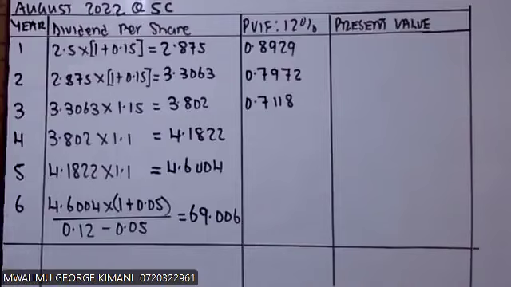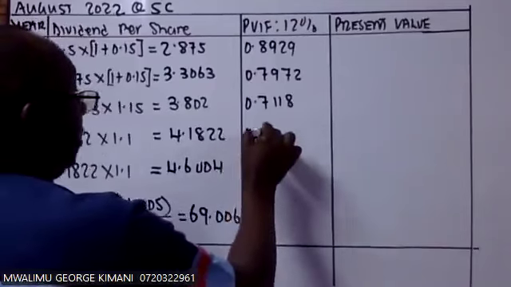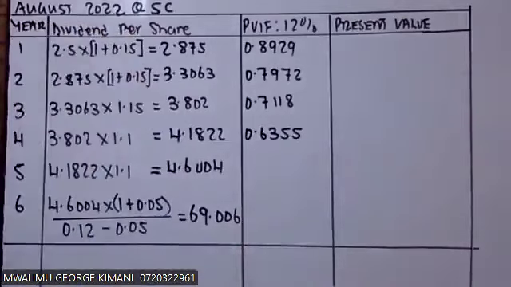Okay, sorry, give me the next. 0.6355. Next. 0.5674.